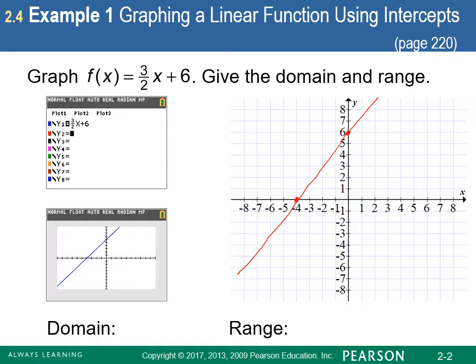Now the calculator does not expressly say this, however, we should know that this goes forever in both directions, which means the domain, the x's, can go forever from -infinity to infinity. Likewise, the y's go forever from -infinity to infinity.